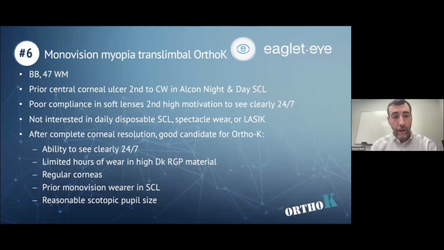They weren't interested in wearing glasses, which is no shock. I don't even think that they owned glasses until we had to treat the ulcer. That was why they had been wearing the contacts continuously. And they weren't interested in surgery. A lot of patients are still a little bit apprehensive about surgical intervention, and I don't blame them for that at all.